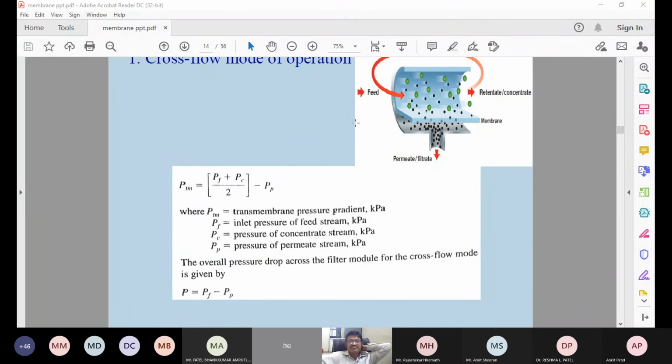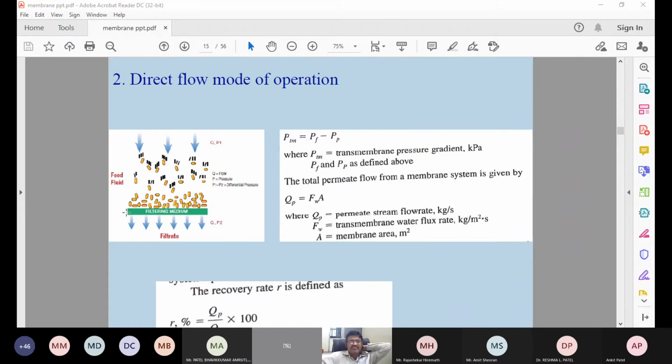Here the membrane is like this, and the feed comes directly perpendicular to the membrane, and the filtrate comes out of this. So here the transmembrane pressure gradient is PF minus PP, the pressure of the feed minus the pressure of permeate.